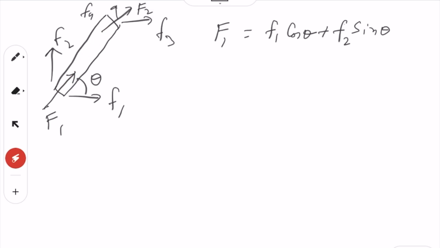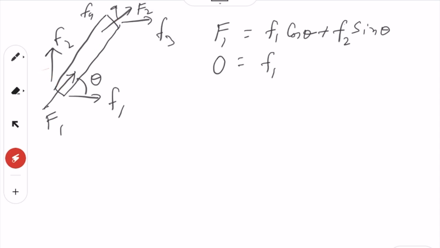Now, since there is force in this direction only and no force perpendicular to it, we can also write an equation for that. What will that equation be? 0 should be equal to F1, taking the components perpendicular to the axis of the bar.